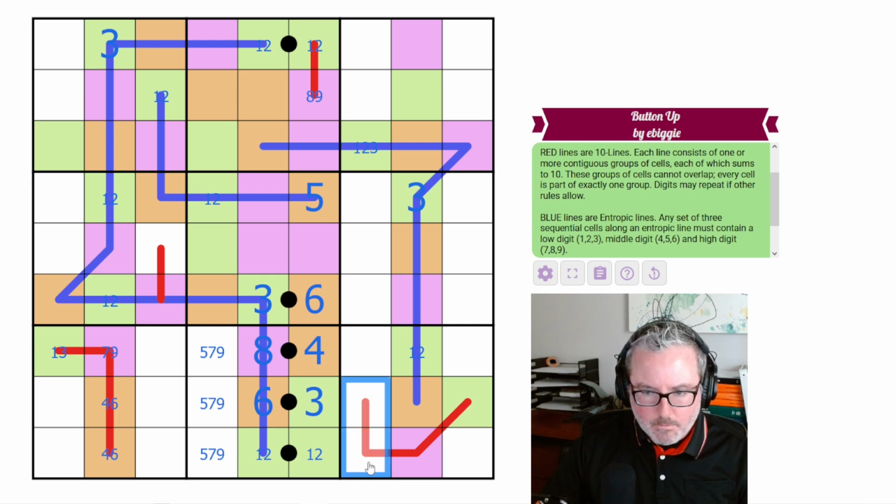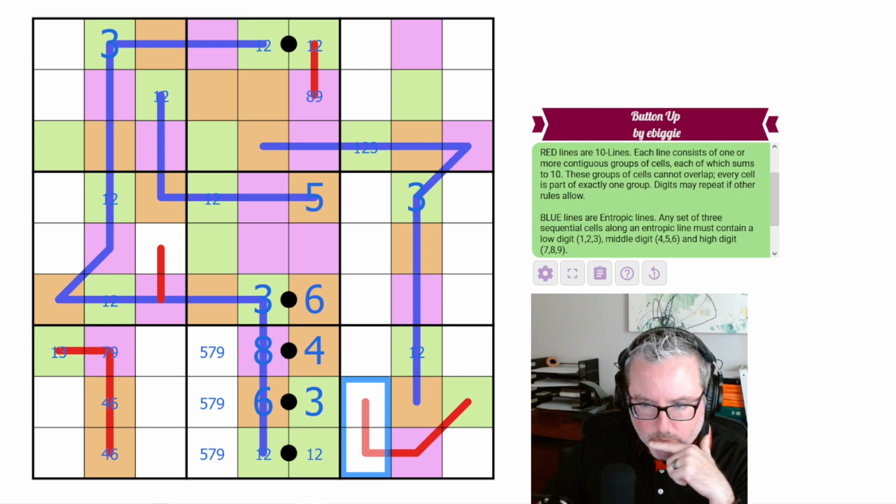Now we can't, or can we? Yeah, no, we can't. Sorry, because we could. Yeah, it is possible that this could be a high-low, or it could be two mids. No, it can't be two mids, because we can't put another mid here. So this is also a high-low.